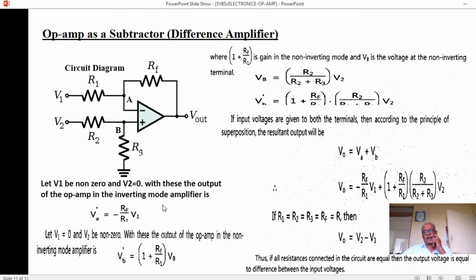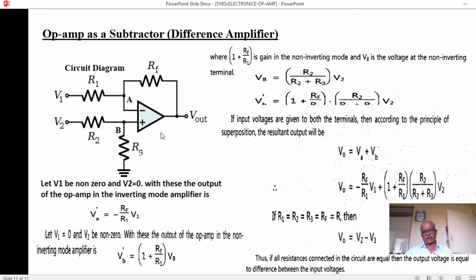Now from the gain we can write the expression for the voltage for this inverting configuration. Because of the inverting configuration we put a minus sign, and it is the ratio of feedback resistance upon input resistance. Feedback is RF and input is R1.